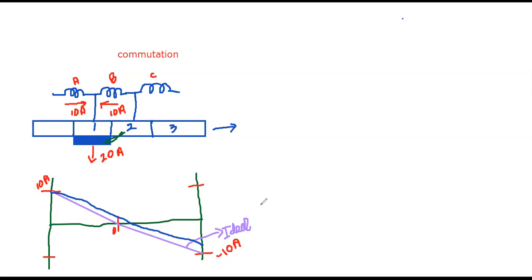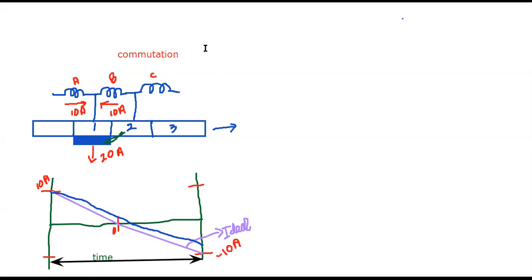So that is under commutation. This is the time duration, and this is the time axis.